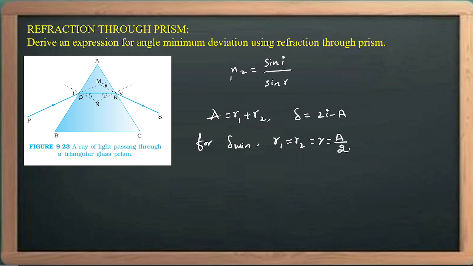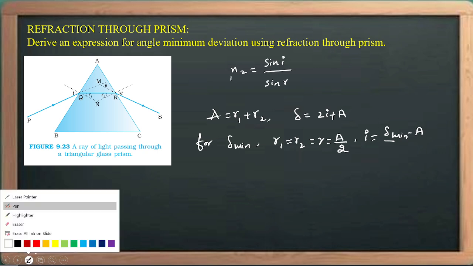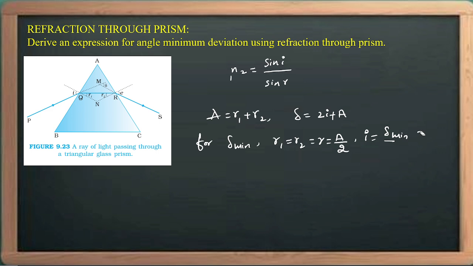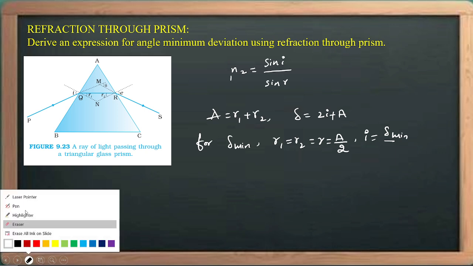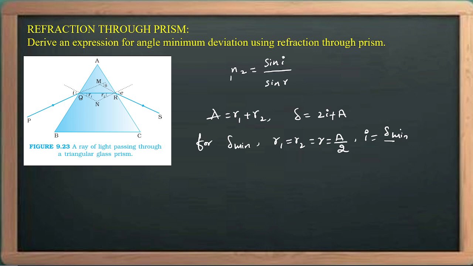Also delta is equal to delta 1 plus delta 2, where delta 1 is I minus R1 and delta 2 is E minus R2.